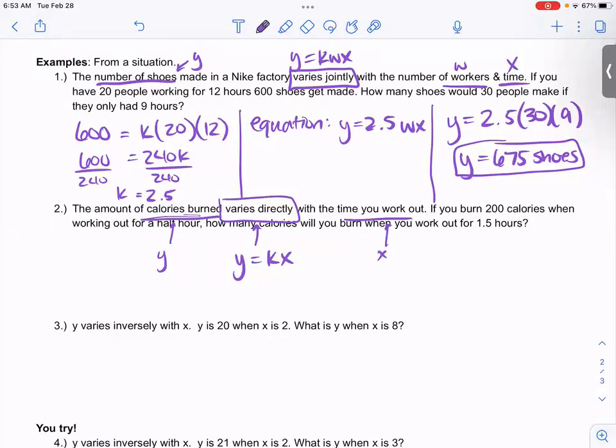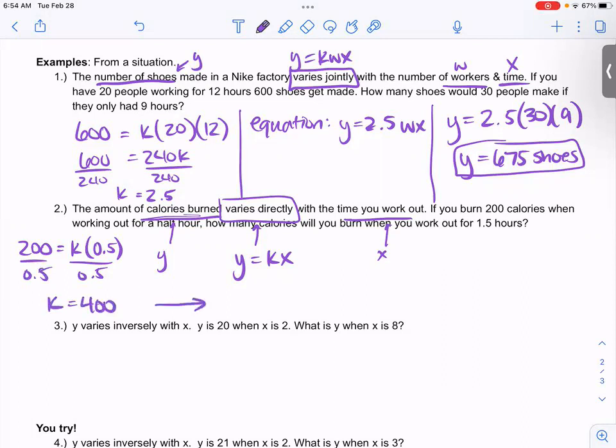So if you burn 200 calories when you work out for a half hour, how many calories do you burn when you work out for 1.5 hours? So again, 200 calories is K times 0.5, or a half an hour. If I divide both sides by 0.5, K equals 400.